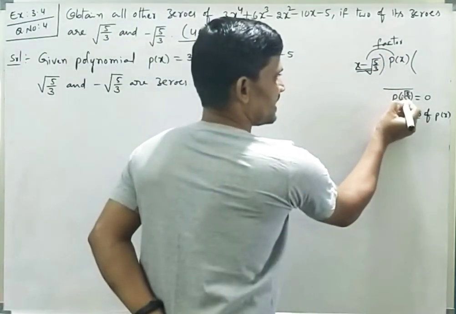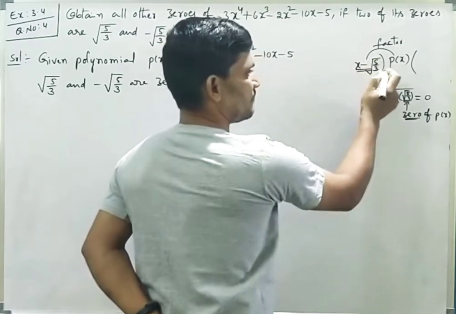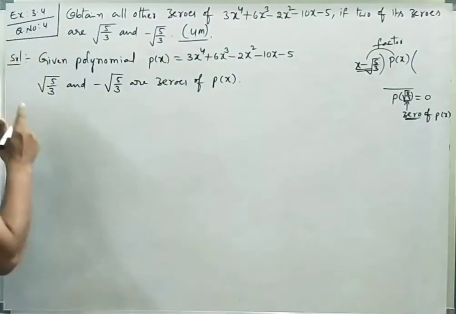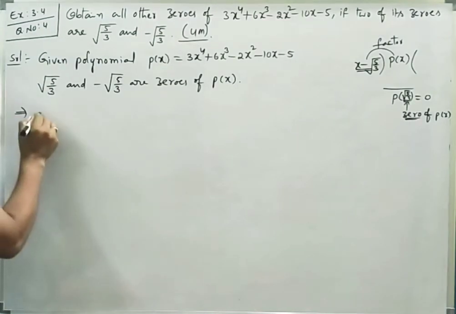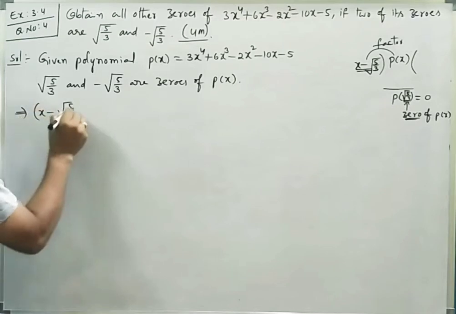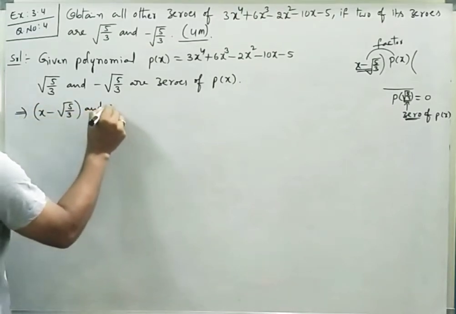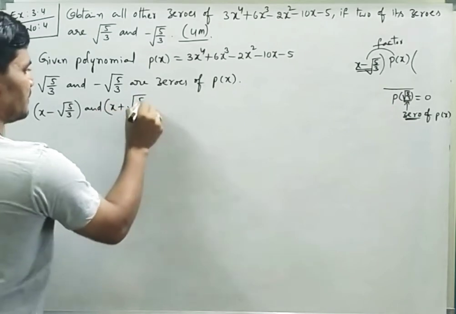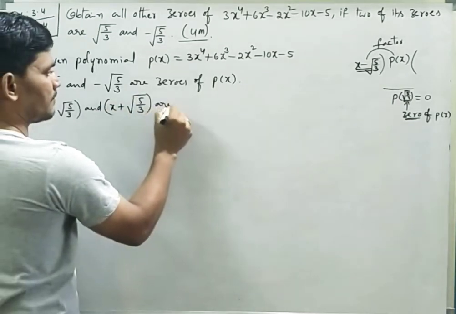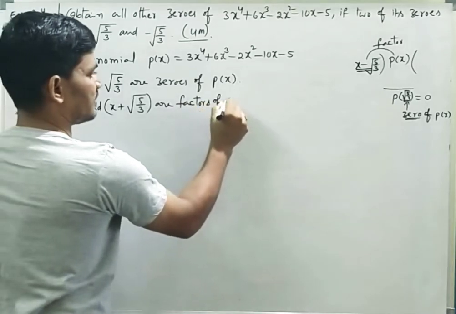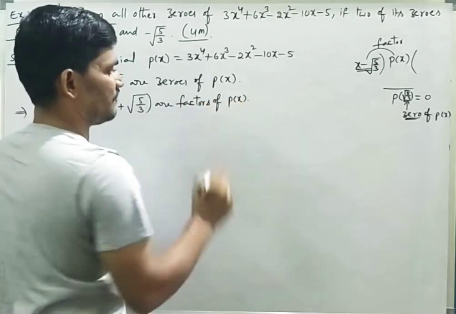If it is minus, then x plus root of 5 by 3 is a factor of p of x. So, this would imply x minus root of 5 by 3 and x plus root of 5 by 3 are factors of p of x.